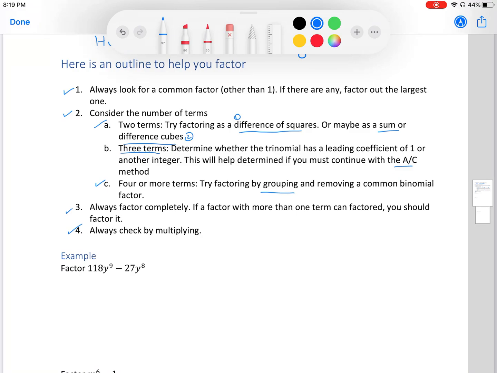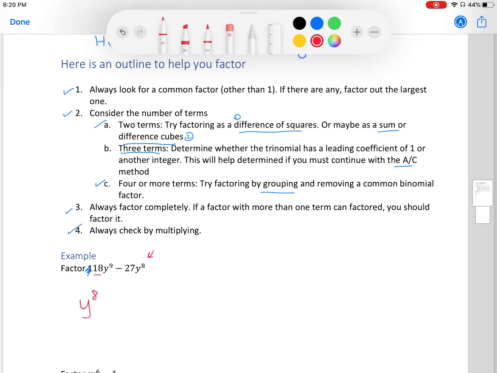We have 18y to the 9th power minus 27y to the 8th power. Actually, that's a typo in the first number; it's supposed to be 18. So here, I see that we can start off by dividing out a y. They can both be divided by a y, and you always pick the one that's smallest, a y to the 8th power.